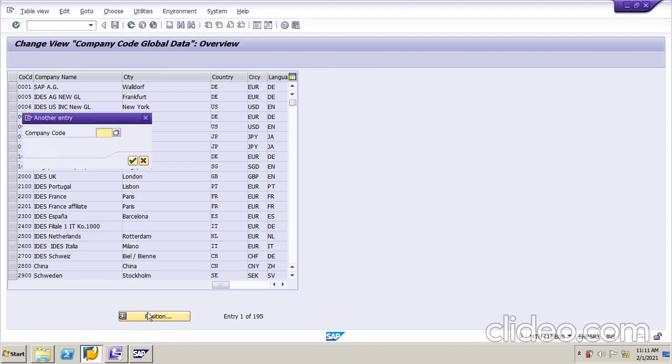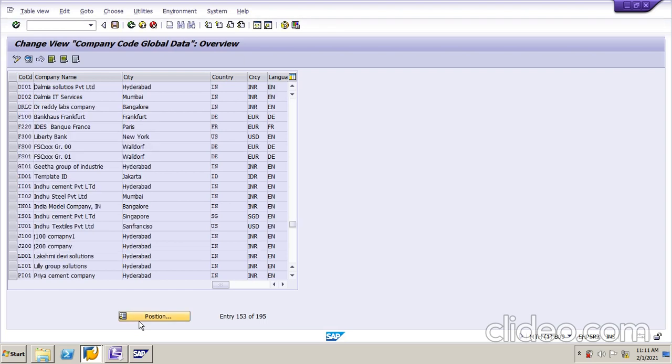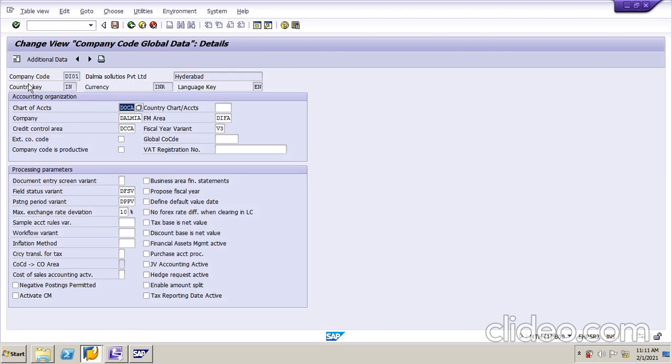Check your company. So for both companies, just double click. It will display all your information. What is your chart of accounts? What is your FM area? What is your fiscal year variant? So field status, maximum exchange rate deviation, all information will be displayed here.